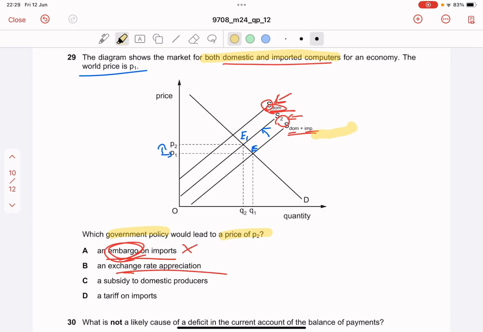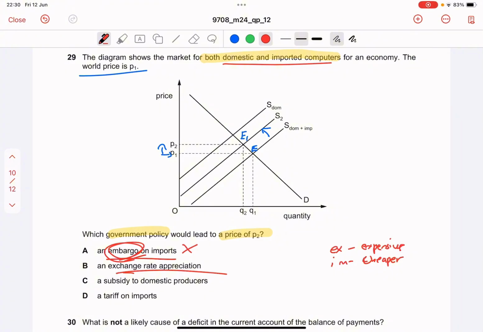The second one says an exchange rate appreciation. Right, so if an exchange rate appreciates, that means that the value of the exchange rate increases. So if the value increases, then exports will become more expensive and imports will become cheaper, right? So consumers are attracted to cheap things.